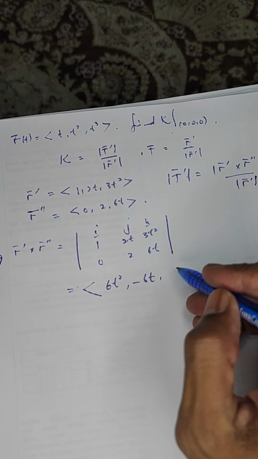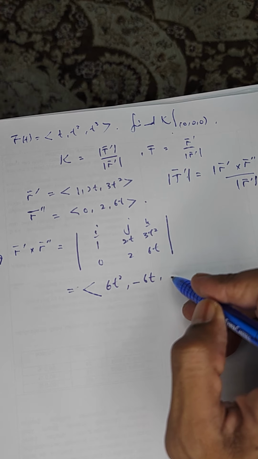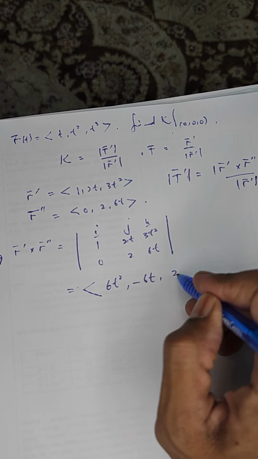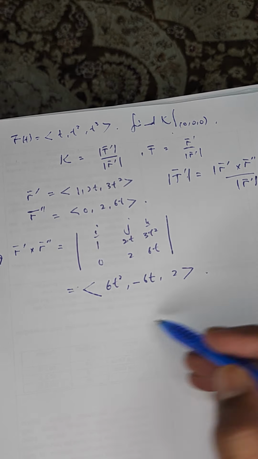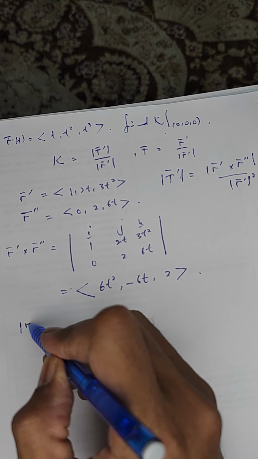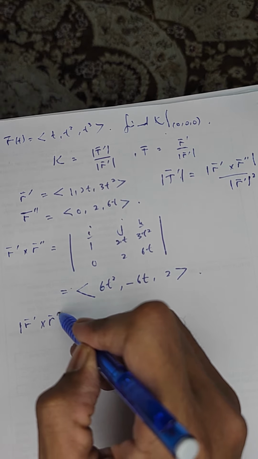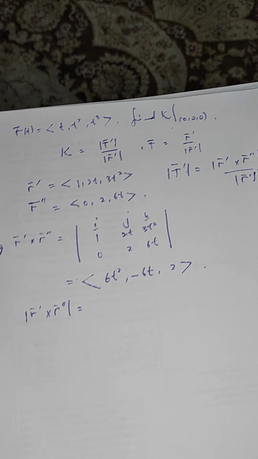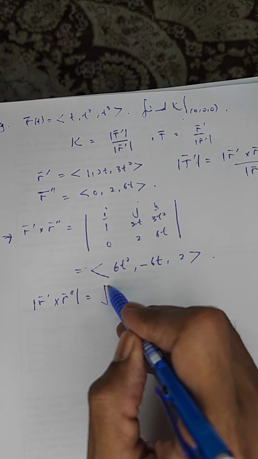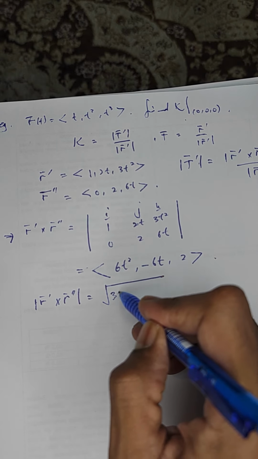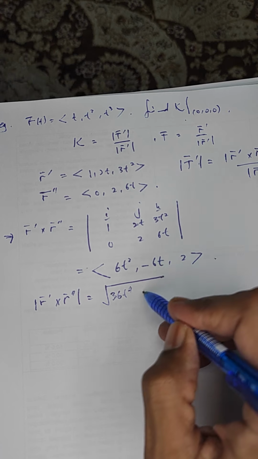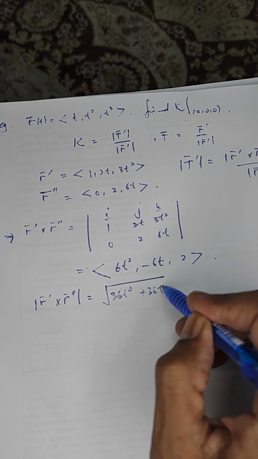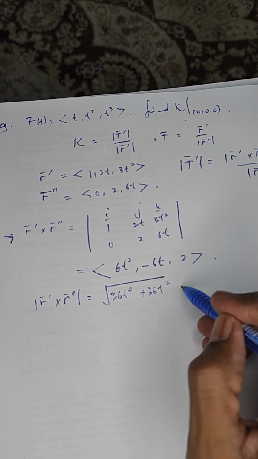Okay, so we have 2. Am I correct here? Seems okay. Alright. Then we take the magnitude of r prime cross r double prime. So that gives you 36t^4 plus 36t squared plus 4.